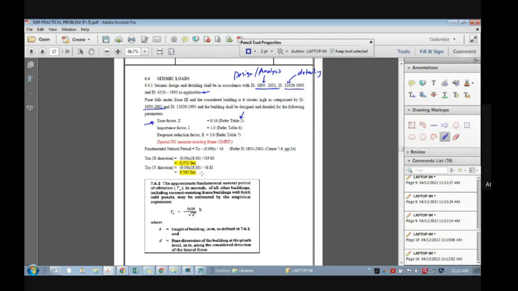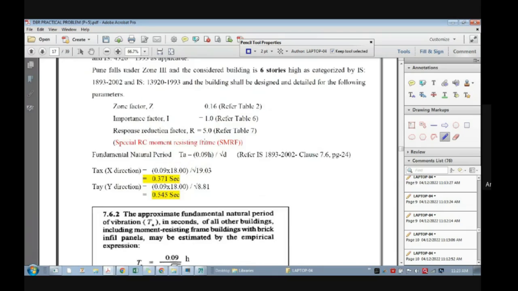You know the references of each and every clause or data which you are taking in the report, so that you will get knowledge of all codes: IS 456, IS 875, IS 1893, 3370. And then you will also get an idea of where things are coming from and where we are using them in the analysis of the project. Okay. Then response reduction factor, table number 7.